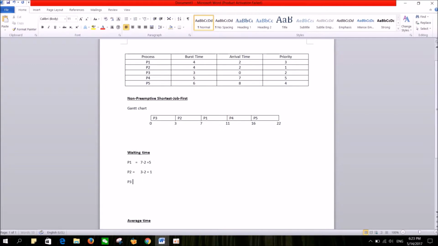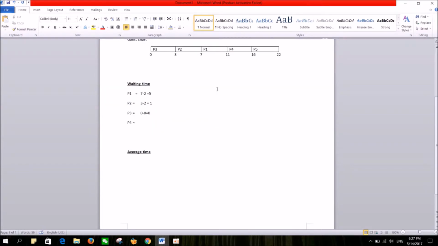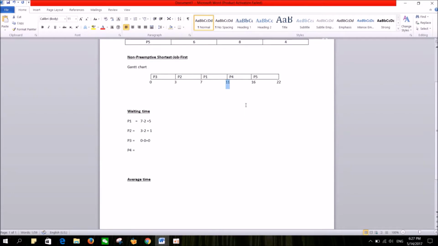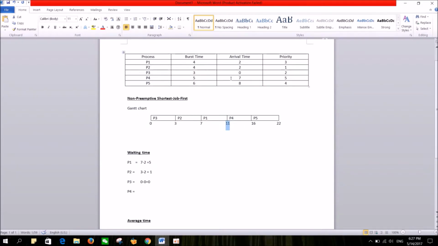And the following is P3. P3 is 0 and minus 0, so equal to 0. P4 here is 11, and this 11 has to be minus its own arrival time, which is 7.